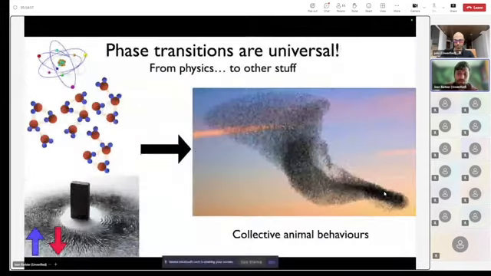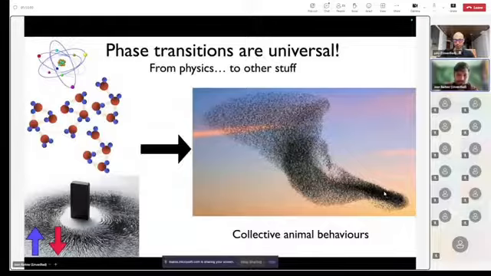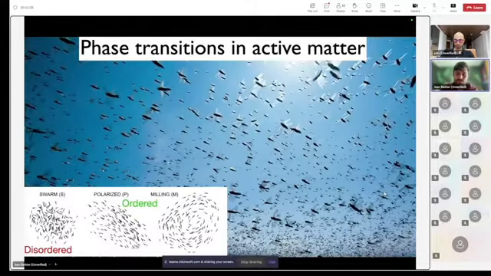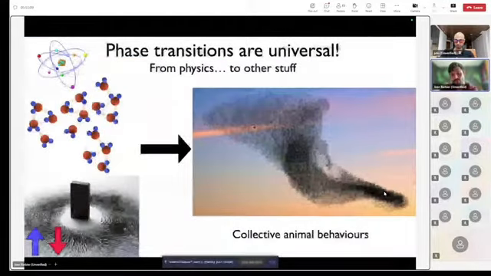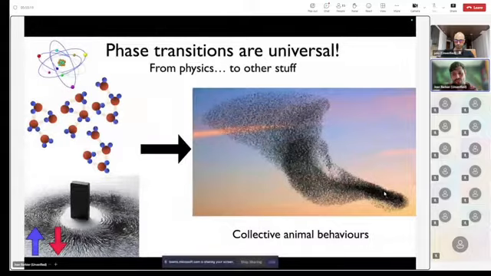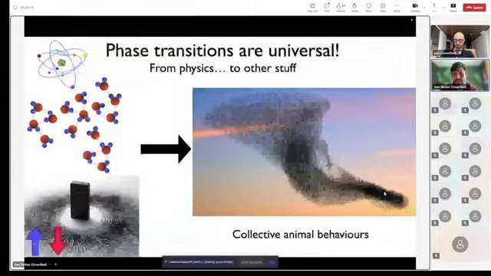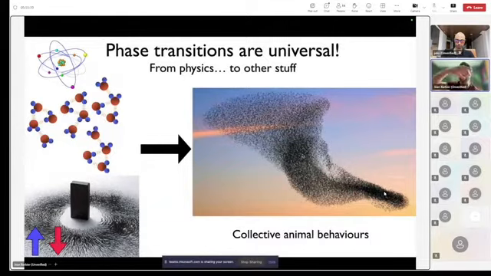So let's see also the kind of phenomena appearing in animal behaviors. I really like this example. So if you go to Rome in Italy in the summer, you tend to observe these big flocks of birds, and they seem to follow a very interesting and rather coherent dynamics.